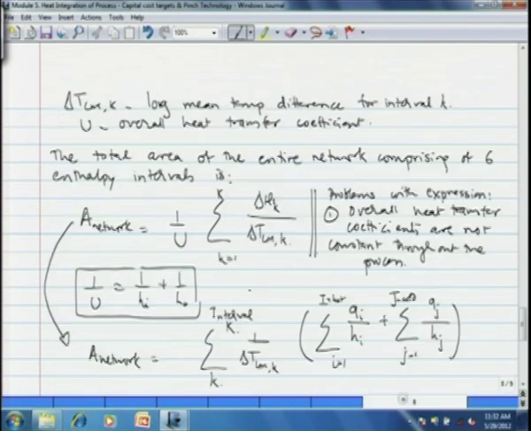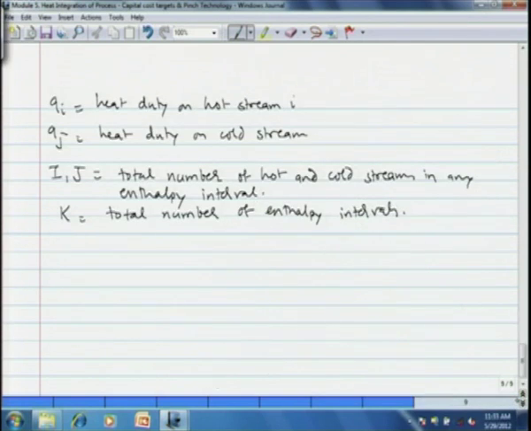The formula that we just saw allows us calculation of the network area based on the vertical heat exchange model if the film transfer coefficients vary. Okay. For large variation in film transfer coefficient, the above equation gives problems. Okay. In this case, non-vertical matching may be required to achieve the minimum area. That means, let us say that we have enthalpy intervals like this.